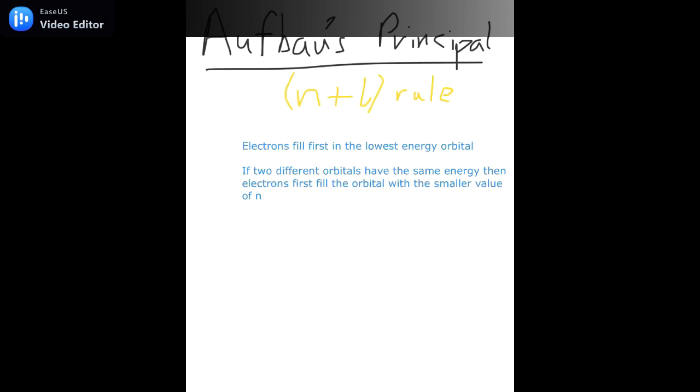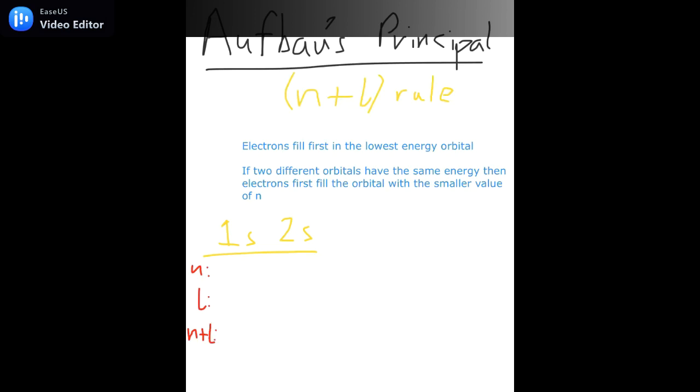Now, how to apply this? For example, we have the first two orbitals, that are 1s and 2s. These are the values of n, these are the values of l, and then these will be the values of n plus l. So n plus l will give us the energy of the orbital.